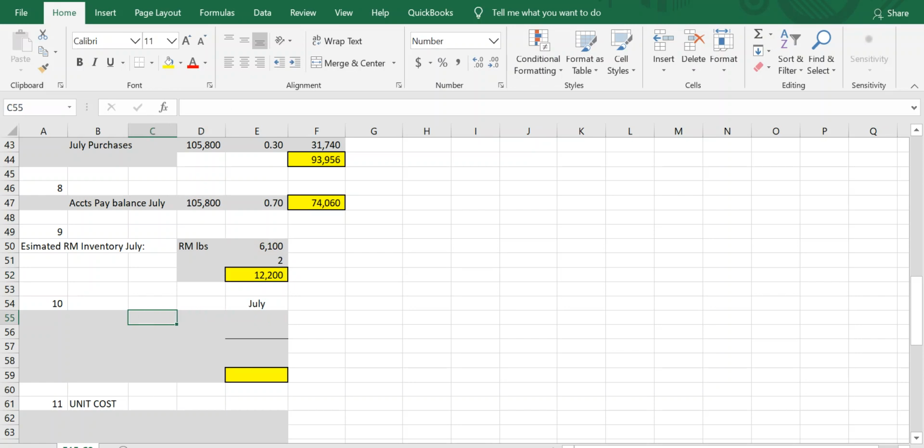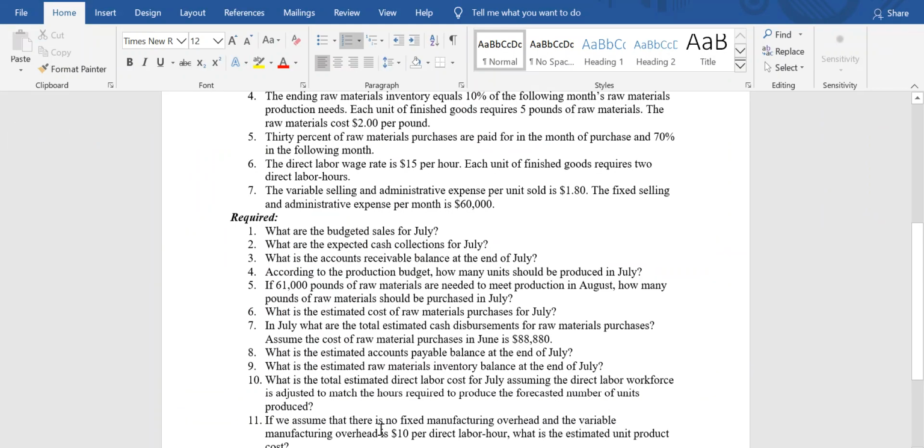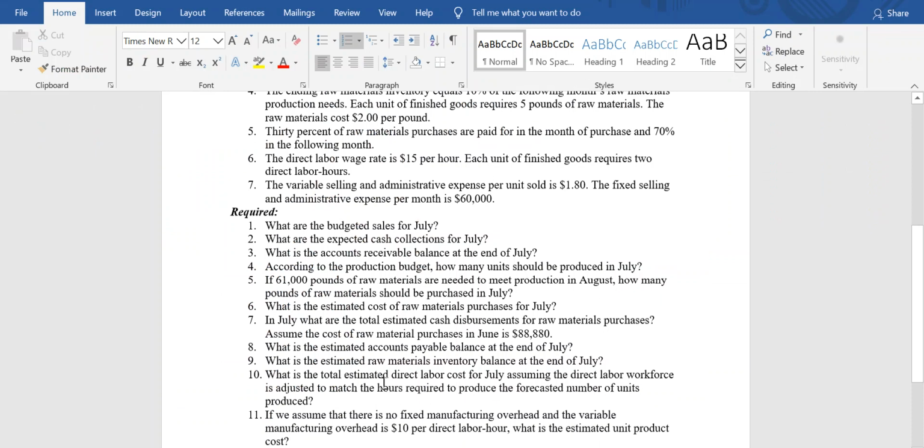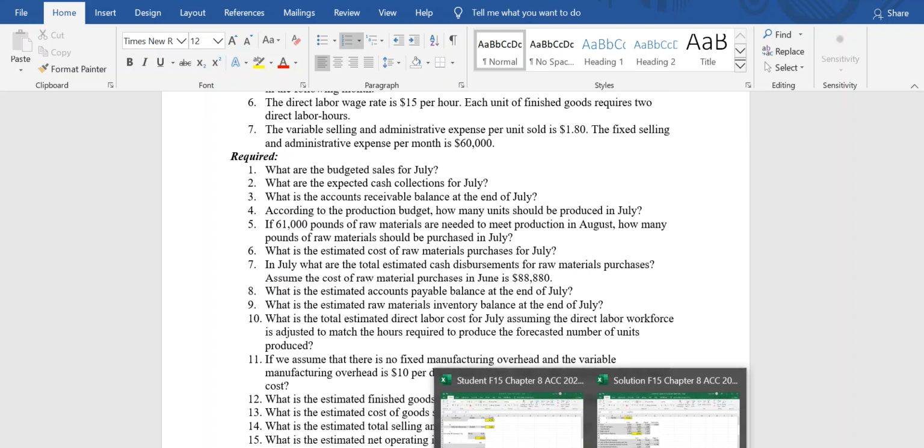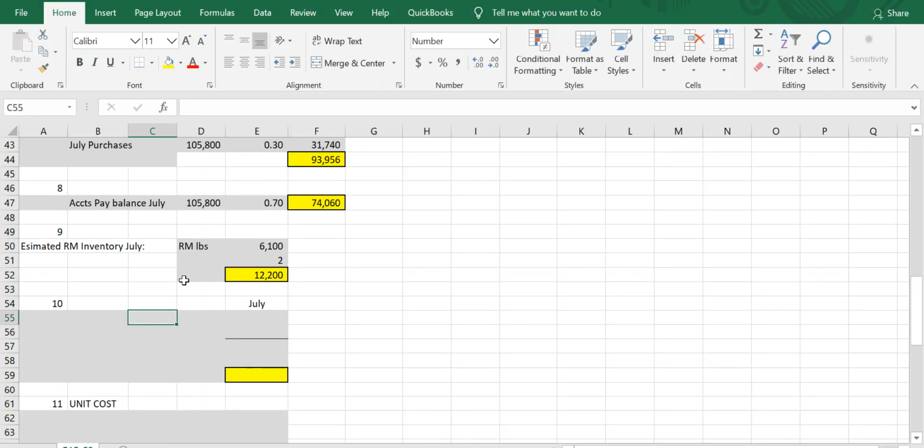Okay, so we look at number 10 here. It says, what is the total estimated direct labor cost for July, assuming the direct labor workforce is adjusted to match the hours required to produce the forecasted number of units produced? So if we go back here in number 10, we're going to have the required production units, or whatever we want to call it.